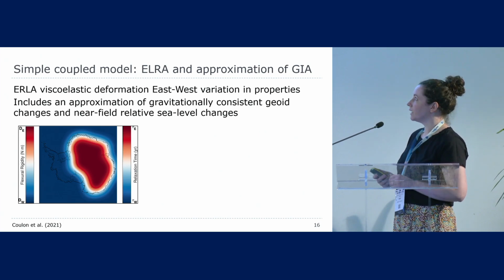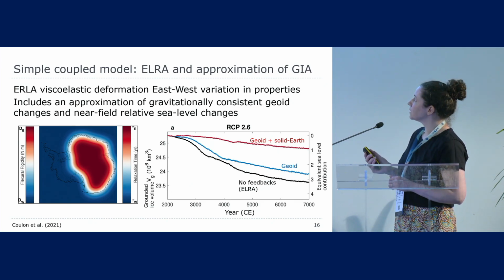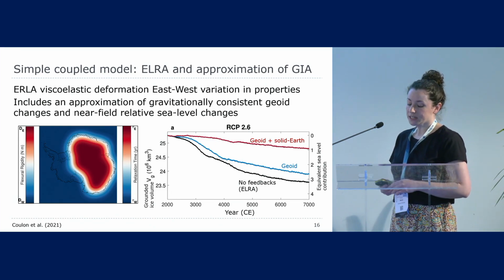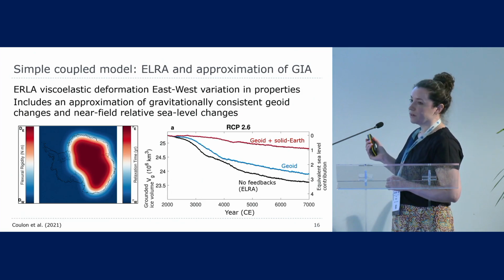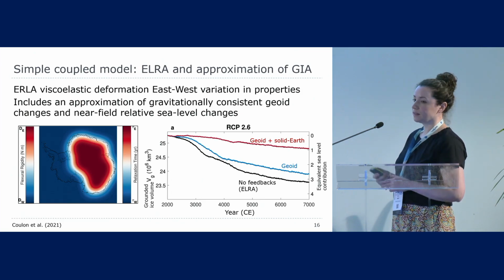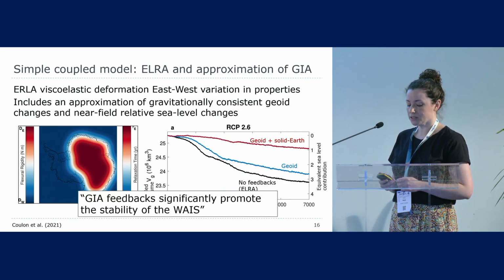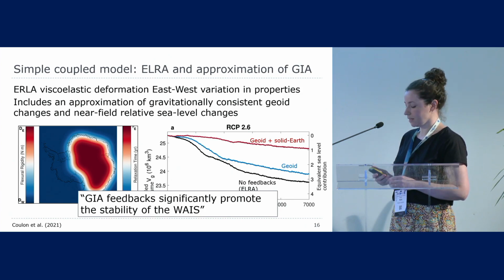And then they compared results for grounded ice volume when no feedbacks were taken into account and feedbacks were taken into account. And projecting this 5,000 years into the future, you can see differences of around 2 meters of equivalent sea level between when no feedbacks are included and the geoid and solid Earth feedbacks are included. And this is because the GIA feedbacks significantly promote the stability of the West Antarctic ice sheet.